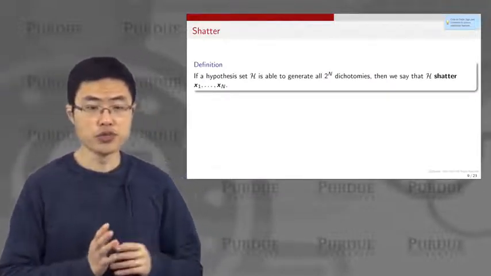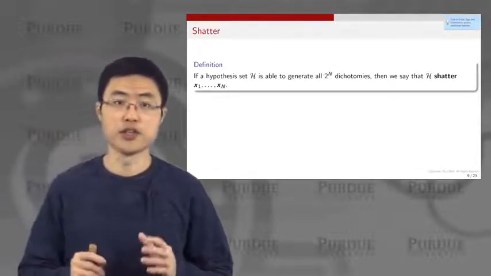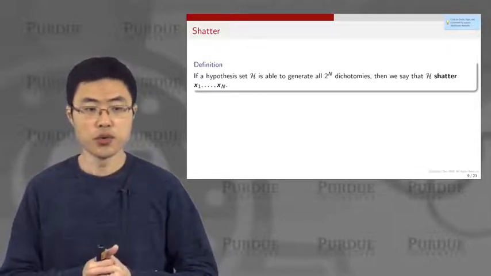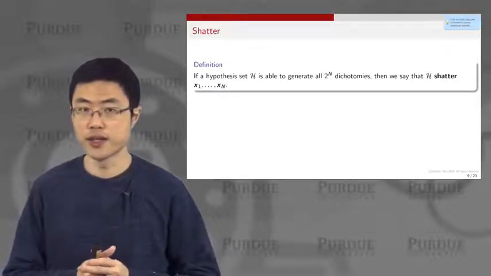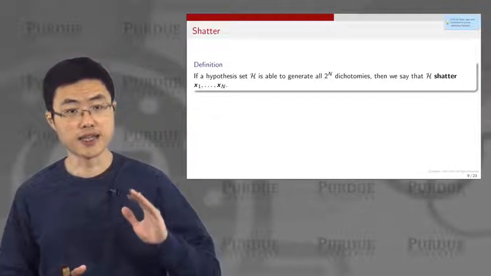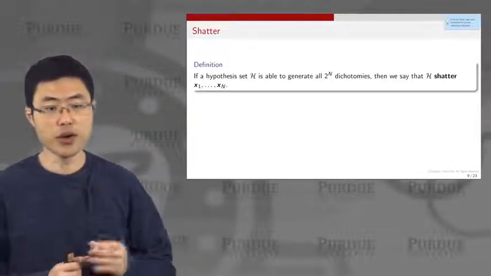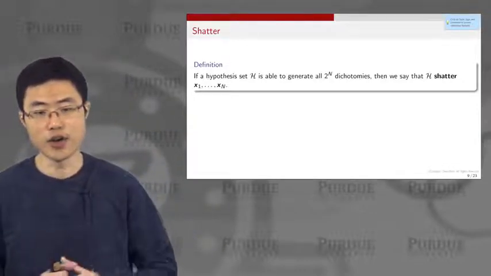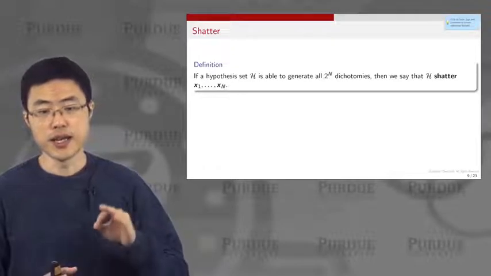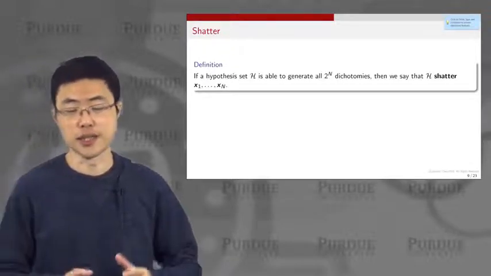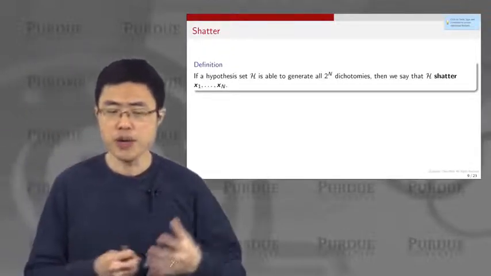Alright, so now I want to introduce one more concept. It's called shattering. So the definition of shattering is the following. If a hypothesis set H is able to generate all the 2 to the power n dichotomies, then we say that H can shatter all these data points. Right, so what do I mean?